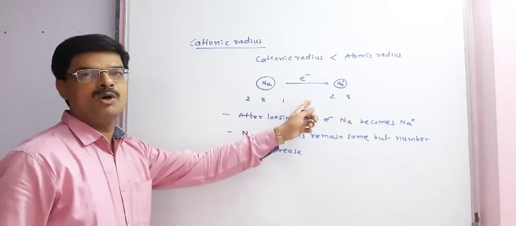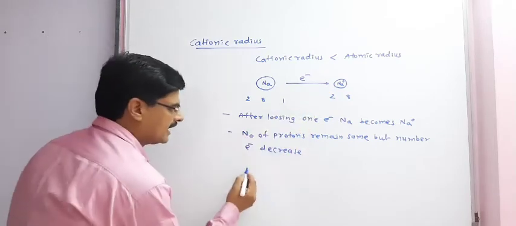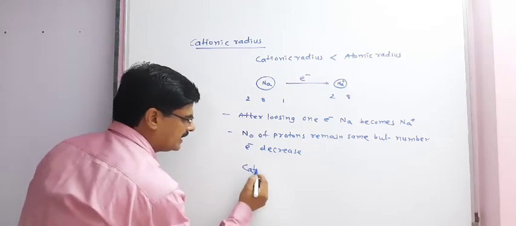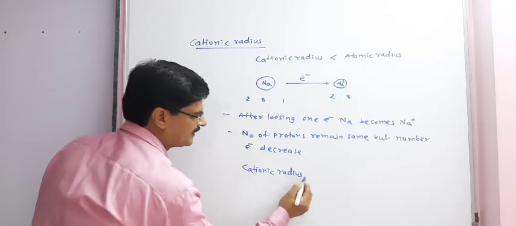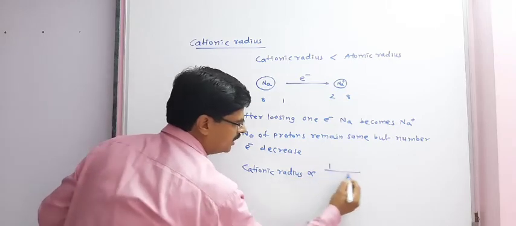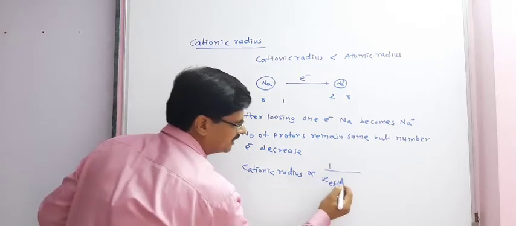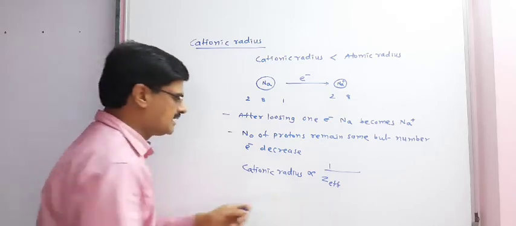And because the number of electrons decreases, we can write that cationic radius is proportional to 1 upon Z effective, that is, effective nuclear charge.